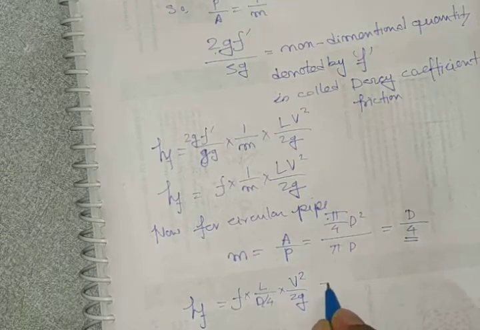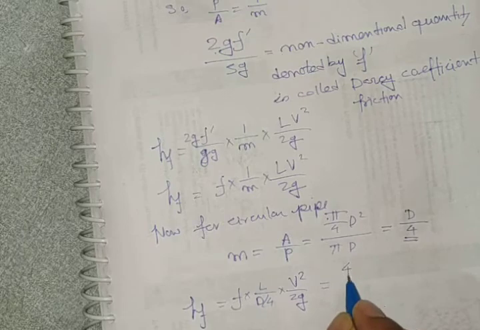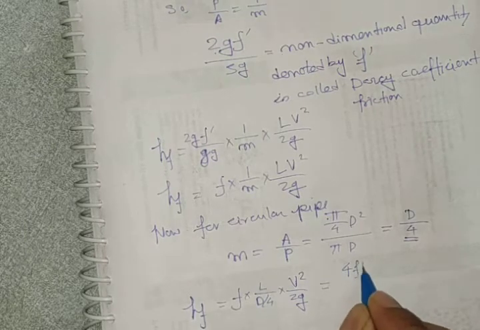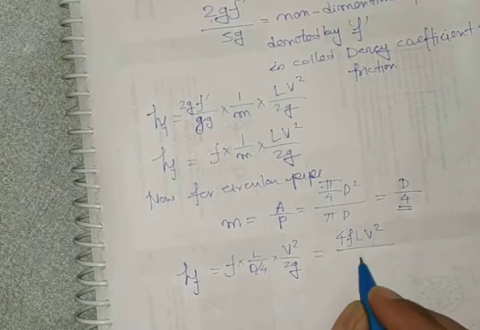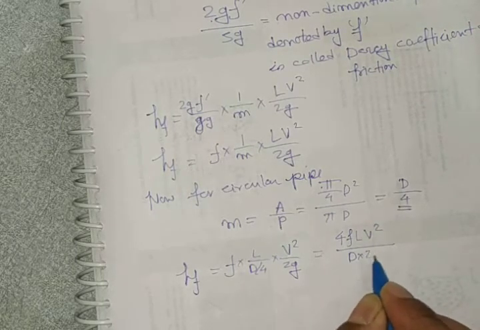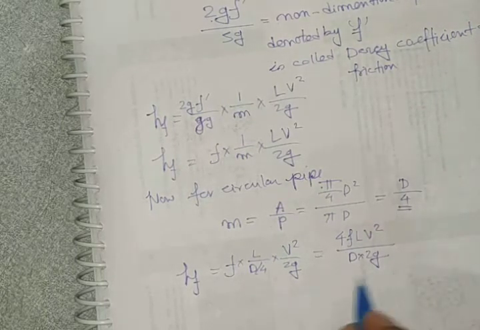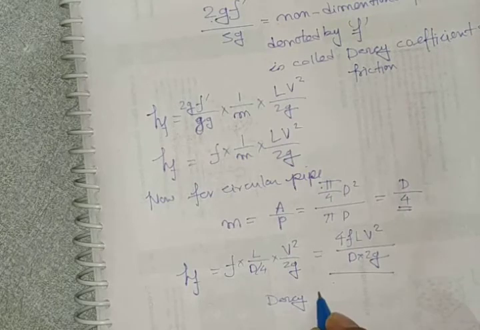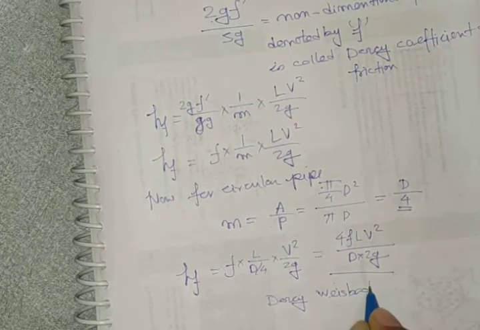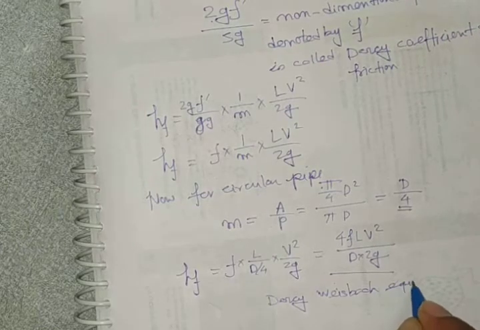So it will be 4 f L V square by D into 2g, and this is called the Darcy-Weisbach equation.